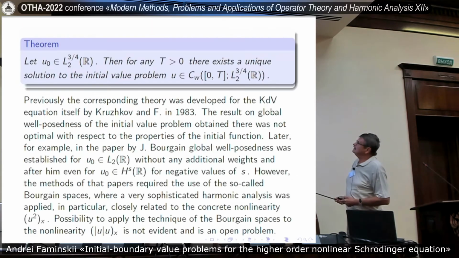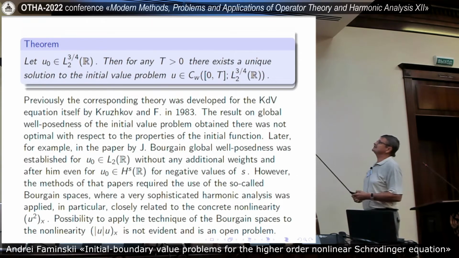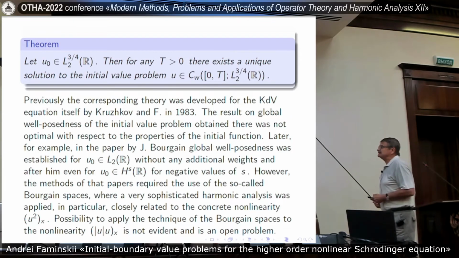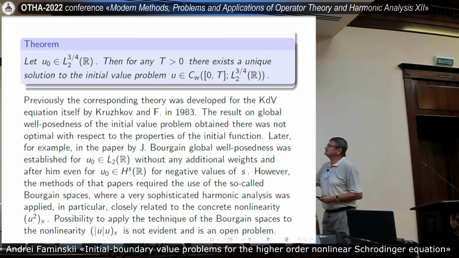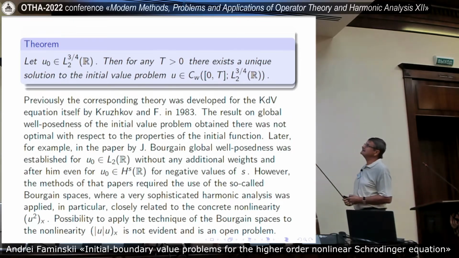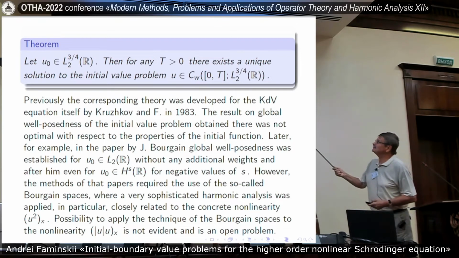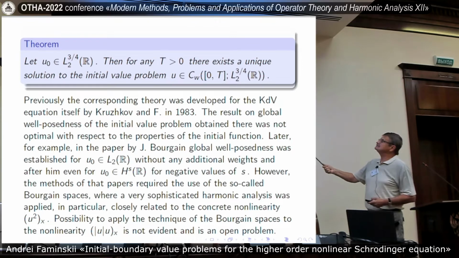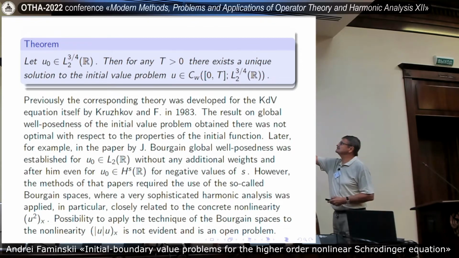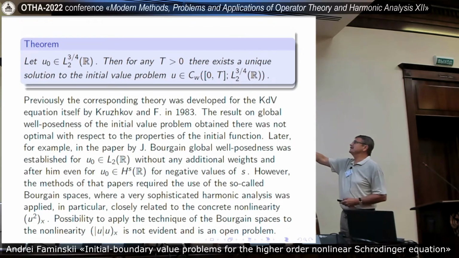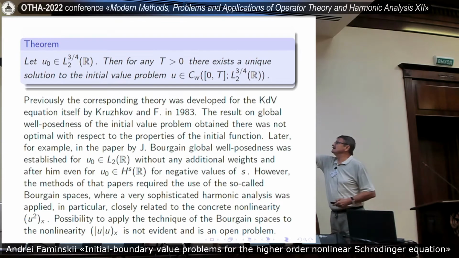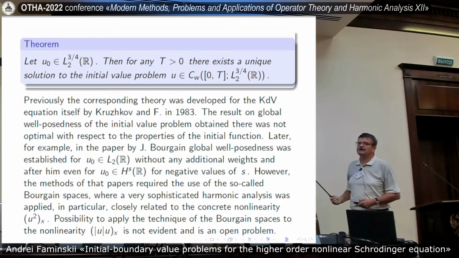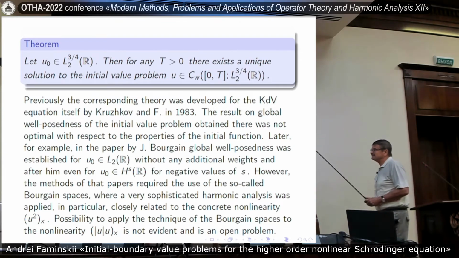What is the result? Let me start with the result. If U0 is from L2 with weight 3/4, then for any capital T, there exists a unique solution to this problem from this space. CW means weak continuity.